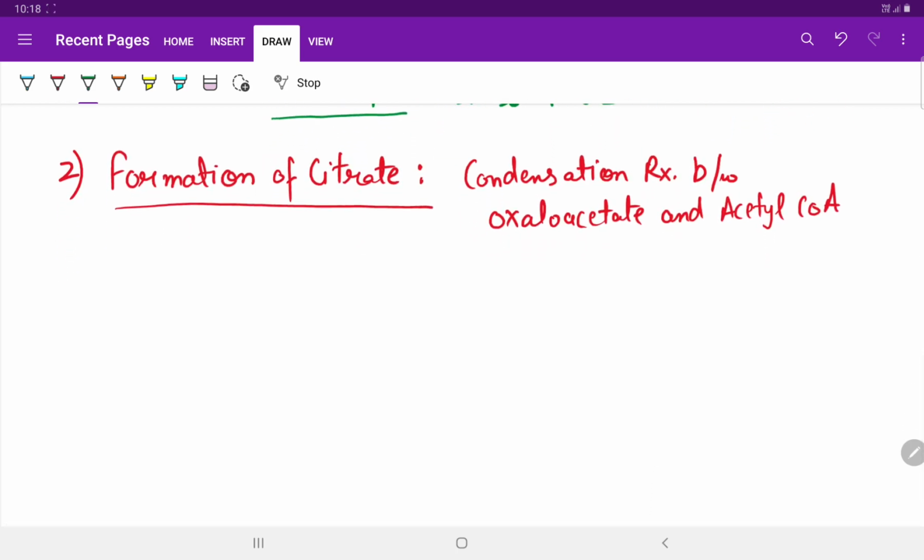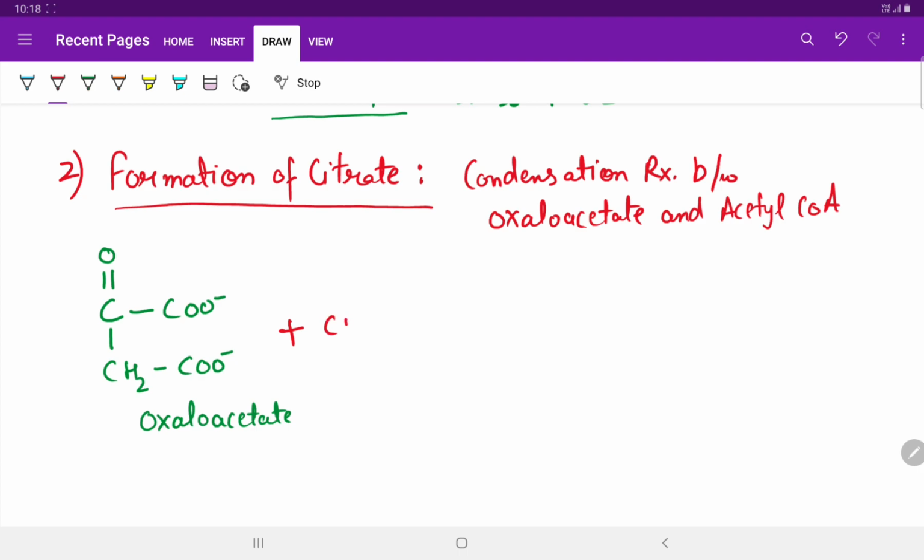Now let us see how this reaction occurs. First of all, let us draw the structure for oxaloacetate. Now this is the structure for oxaloacetate. It shall be combining with the acetyl coenzyme A, so I shall be using different colors to represent the condensation reaction. Now let us draw the structure for acetyl coenzyme A here.